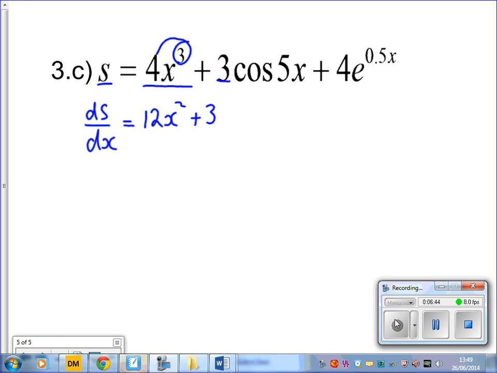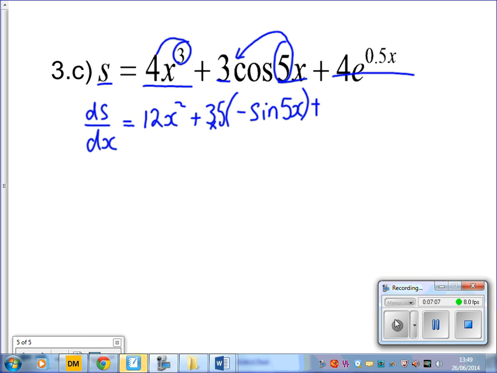If we differentiate cos, we get minus sine. So minus sine, the 5x remains the same. This number needs to come down to the front. You can just squeeze in a times 5 in there.